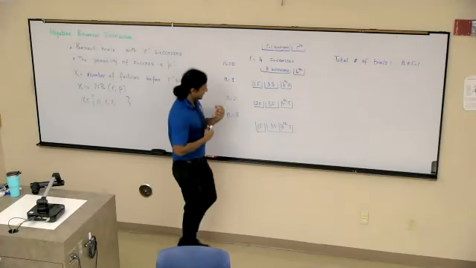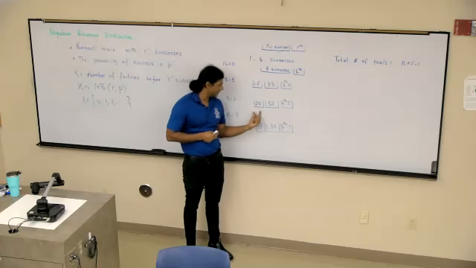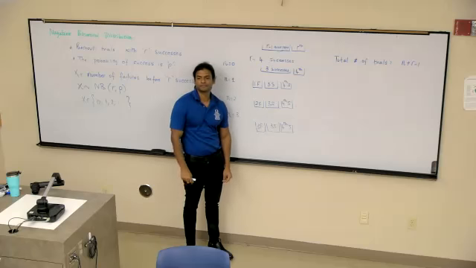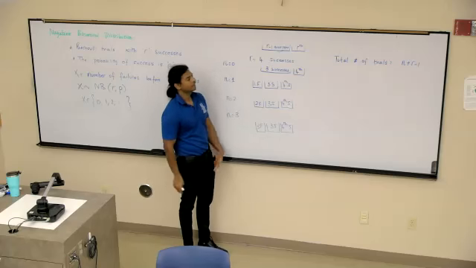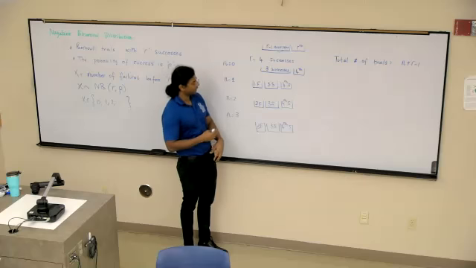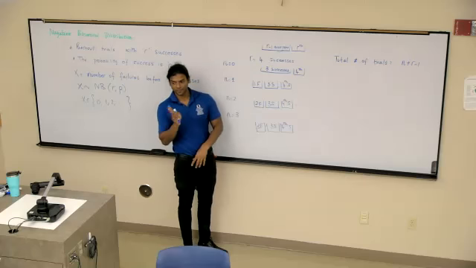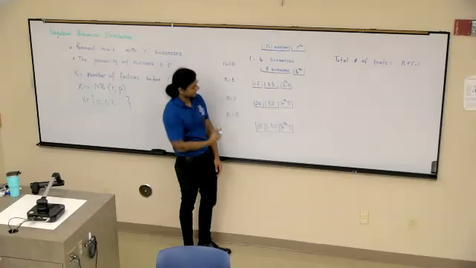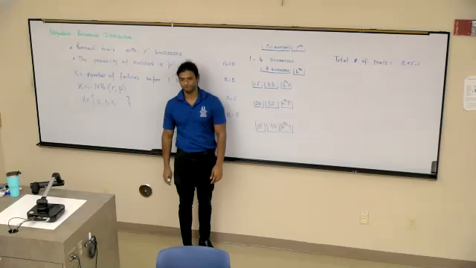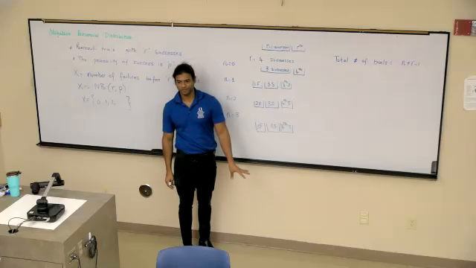Do I desire that the failures and successes happen in this manner? No, it could happen in any way, right? So in how many ways could I put those r minus 1 successes in here? Do you follow the question?